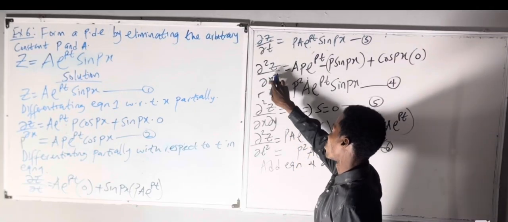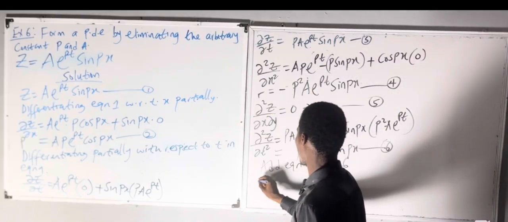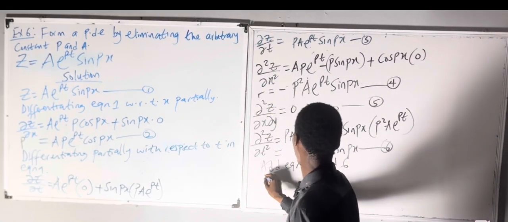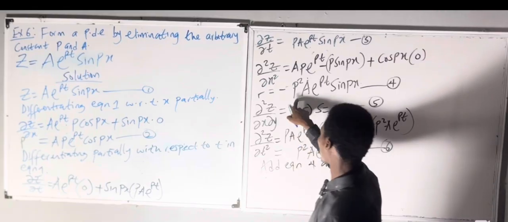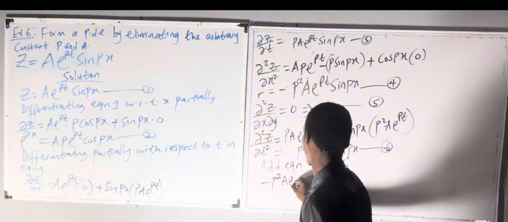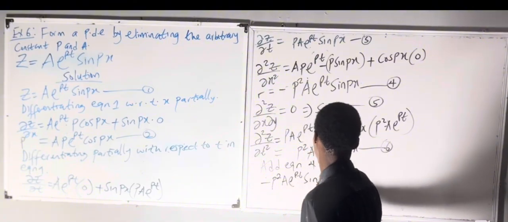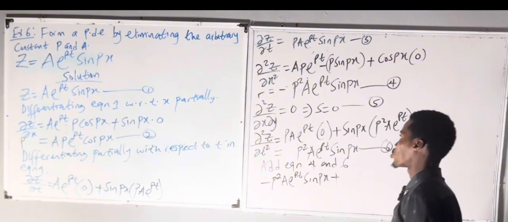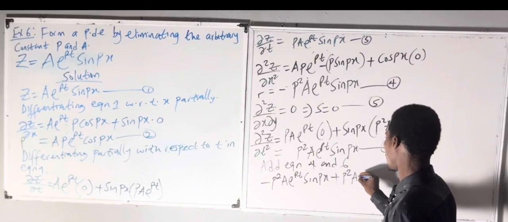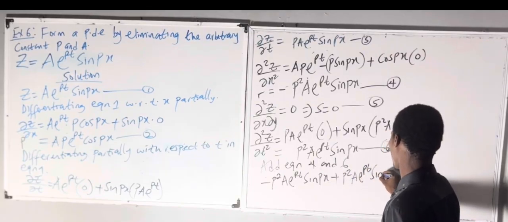So what am I going to have? It means del square z all over del s square is minus p square a exponential pt sin ps. That's what we get from equation 4. Then equation 6 is p square a exponential pt sin ps.